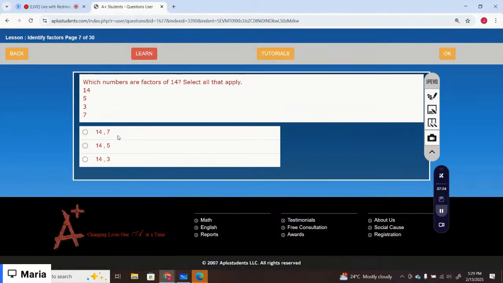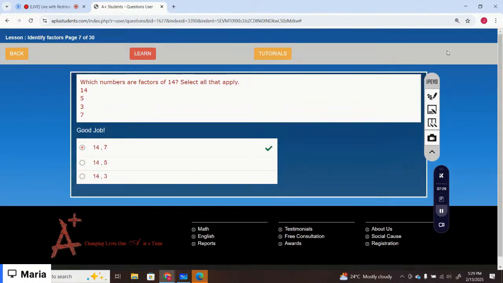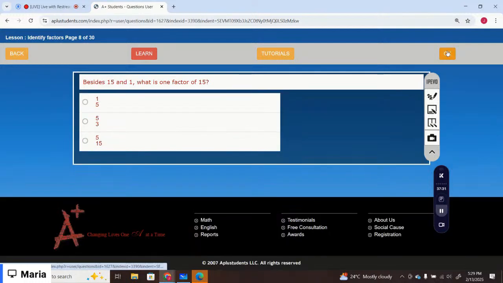The factors of 17 are 7 and 14. Option number 1 is the correct option. Besides 15 and 1, what is one factor of 15?